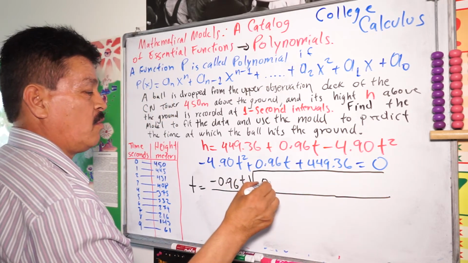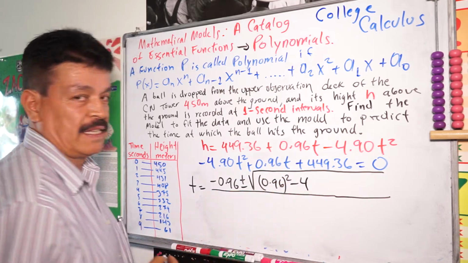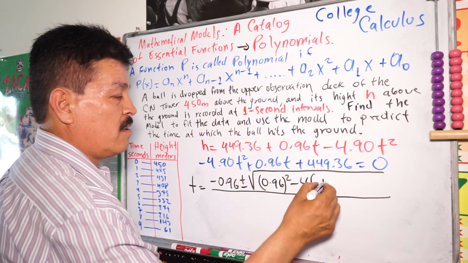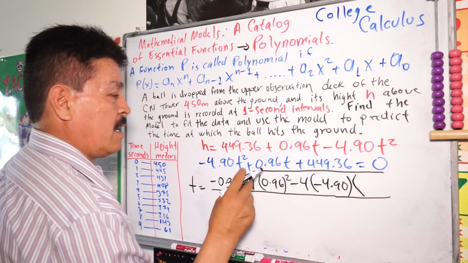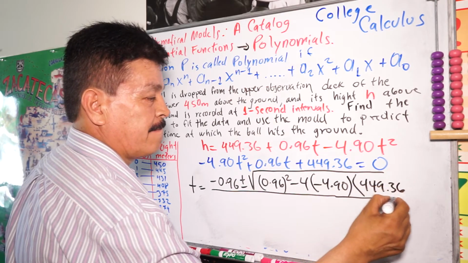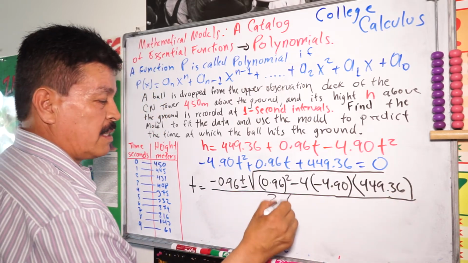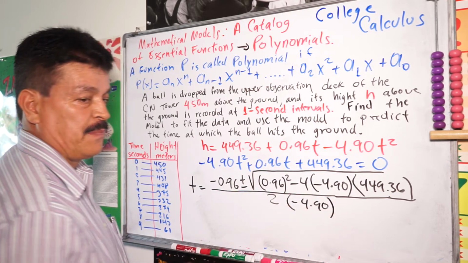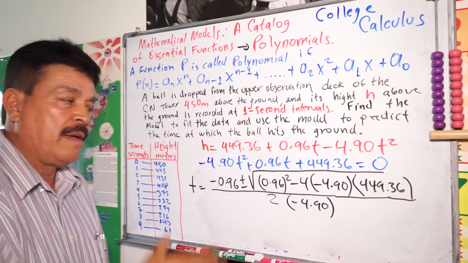So right here, 0.96 to the second power minus 4, remember the quadratic formula, 4 times negative 4.90 times 449.36, divided by 2 times minus 4.90.